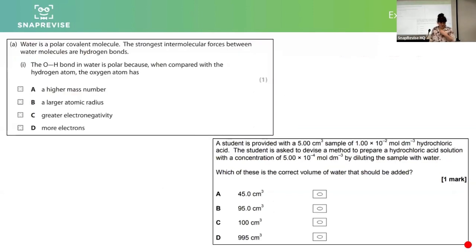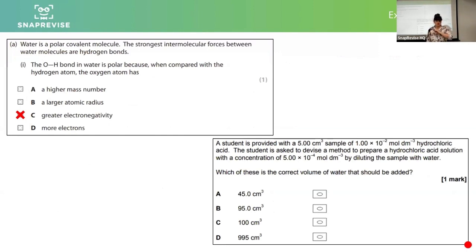So question A on our slide, the correct answer here is that oxygen atom has a greater electronegativity. Now, interestingly, within this question, they are technically all correct in that they are all correct for oxygen compared with hydrogen.